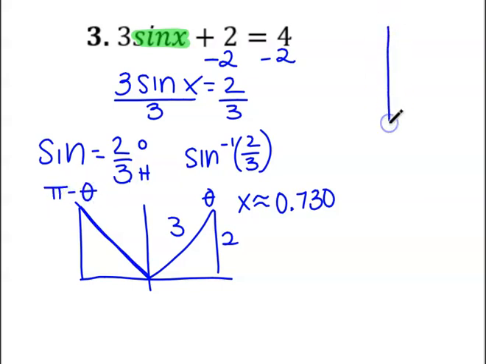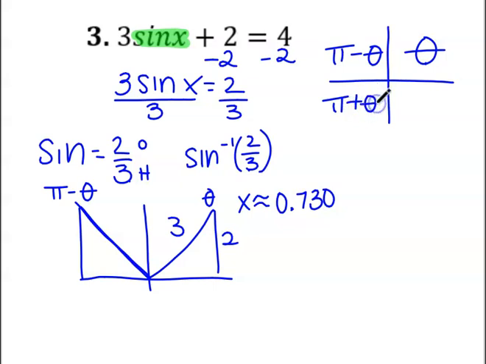To get the angle in the second quadrant, remember it's pi minus theta. We have this adjustment chart where when we do the inverse of the positive ratio, we get the angle in the first quadrant, and then pi minus theta is the angle in the second quadrant. Pi plus theta is the third quadrant, and 2 pi minus theta is the fourth quadrant.